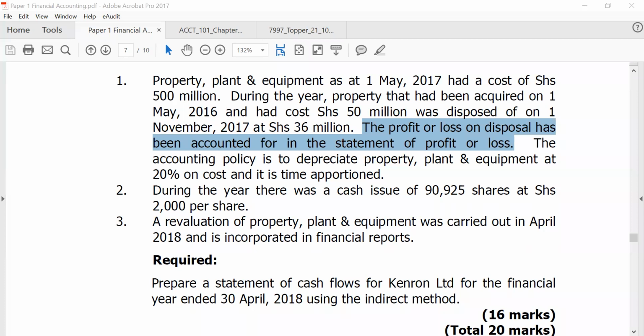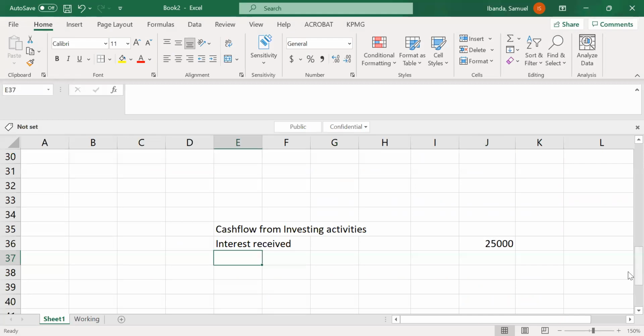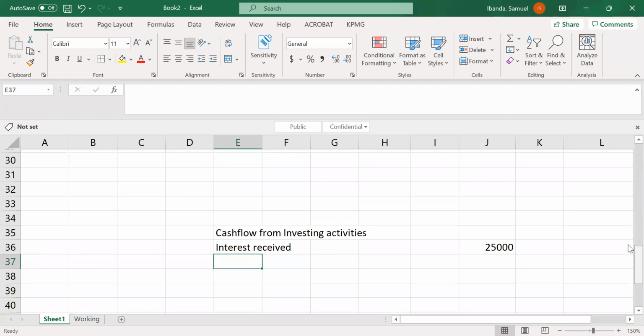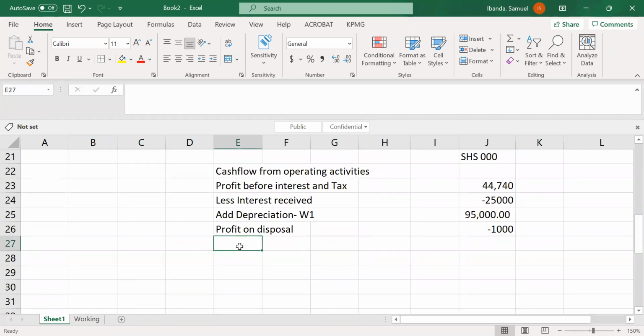So once that is so, I'm now going to proceed to my cash flow. I'm right here. I have adjusted this, and I've also adjusted that.